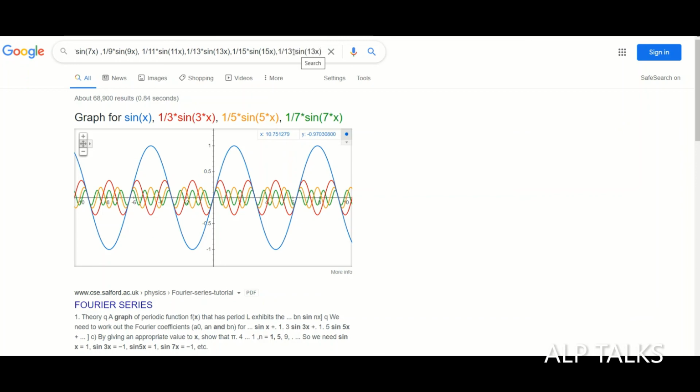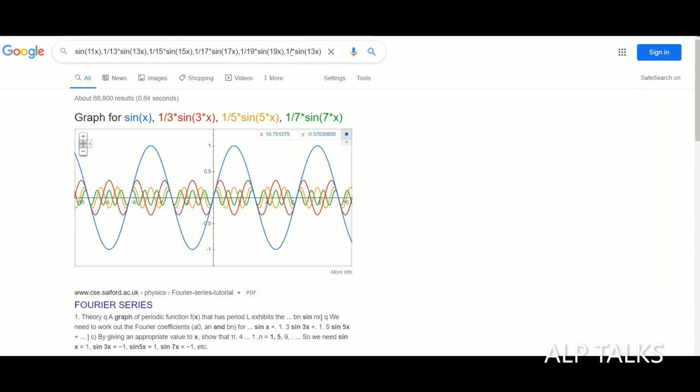Similarly, let's consider the 17th harmonic. It will be 1/17th magnitude and 17 times the fundamental frequency. Let's consider the 19th harmonic, 1/19th magnitude and 19 times the fundamental frequency.